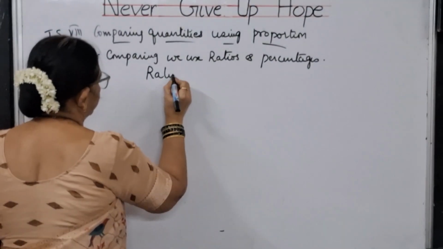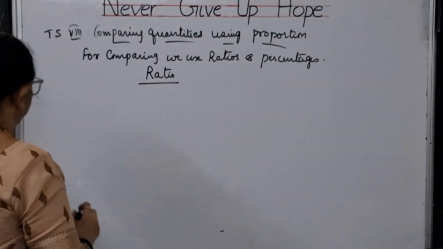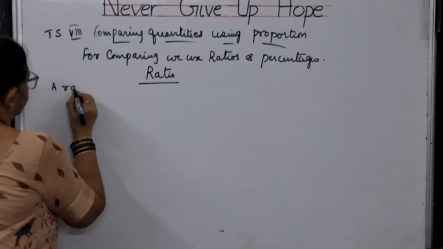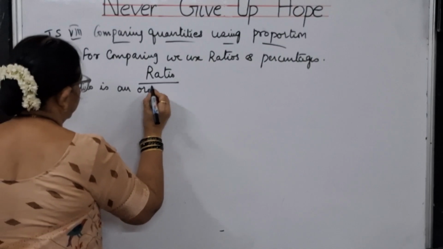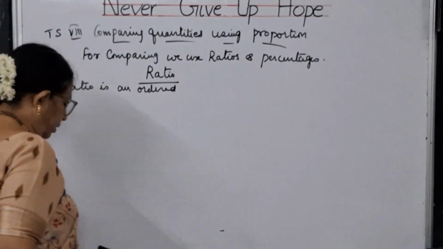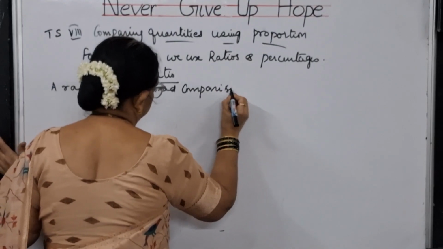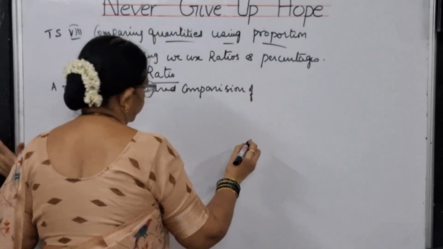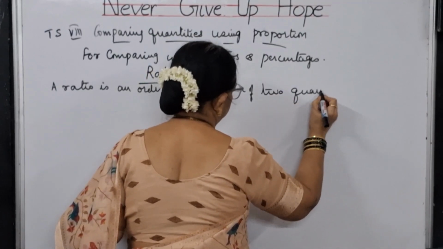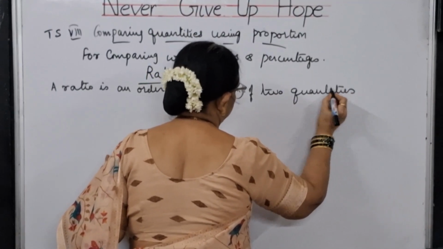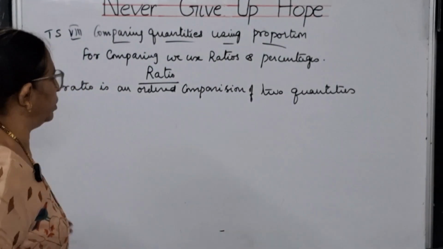So let us talk about a ratio. When you are talking about ratio, what is a ratio? A ratio is an ordered comparison of two quantities. You can define a ratio like this. It is an ordered comparison of two quantities.